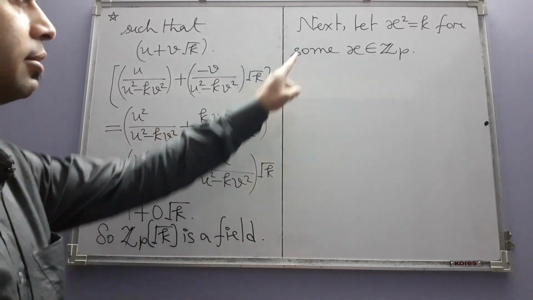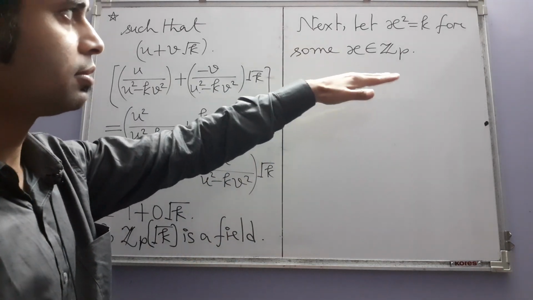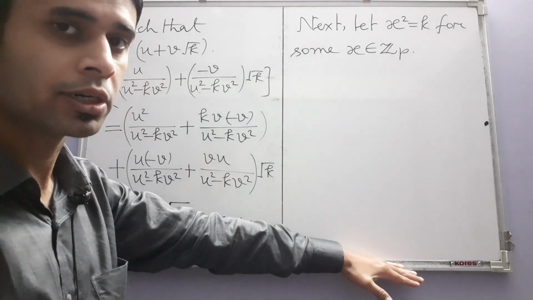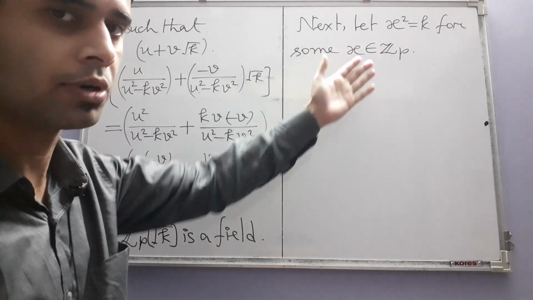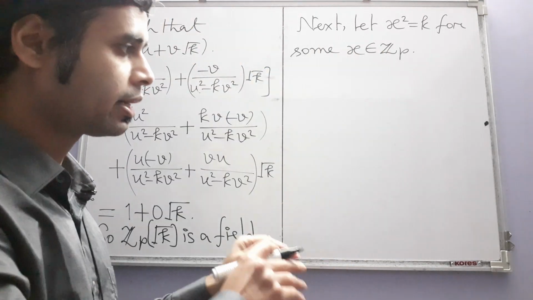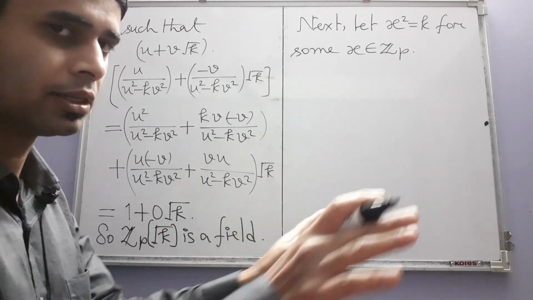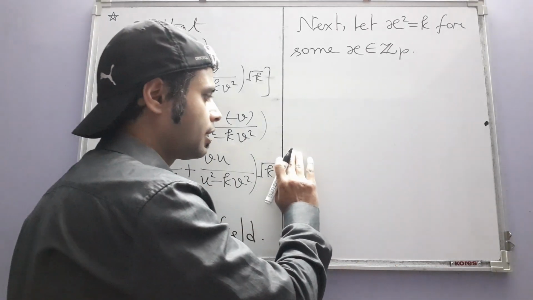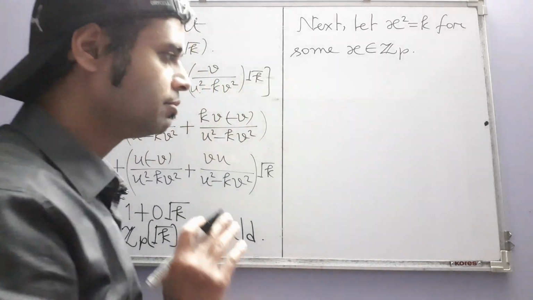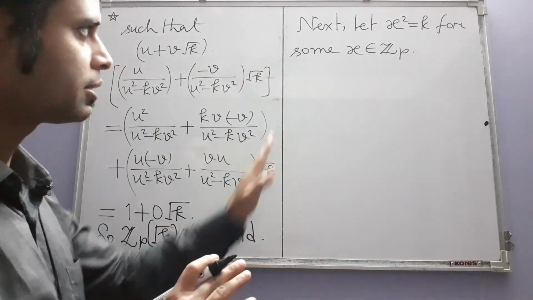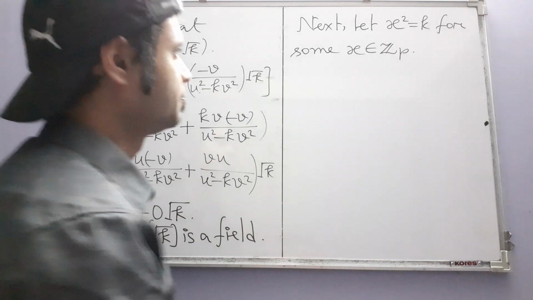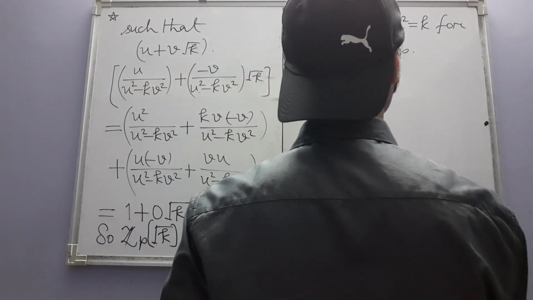Keep in mind that before that assumption or its negation, we have already shown that, or rather you will complete the last part, that our system is a commutative ring with unity. That is true irrespective of these conditions. Okay, now we have this.